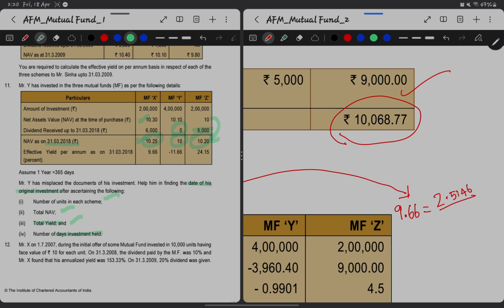Then we divided by the number of days of holding and multiplied by 365, correct? Now the holding period is what we are finding, which will be X in our case. Now 2.5146 multiplied by 365 will be 917.829, and this X will go to the numerator and 9.66 will come to the denominator. So we'll get 95.01, approximately 95 days.